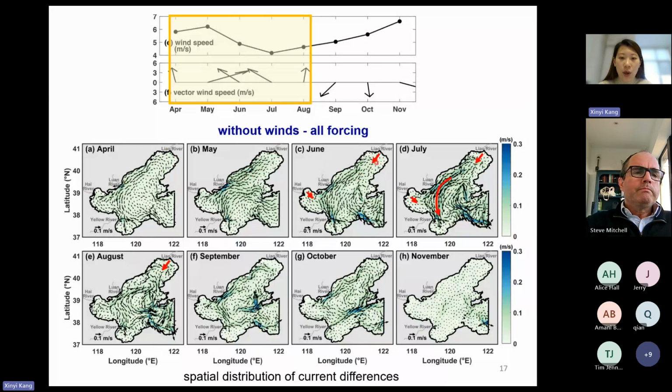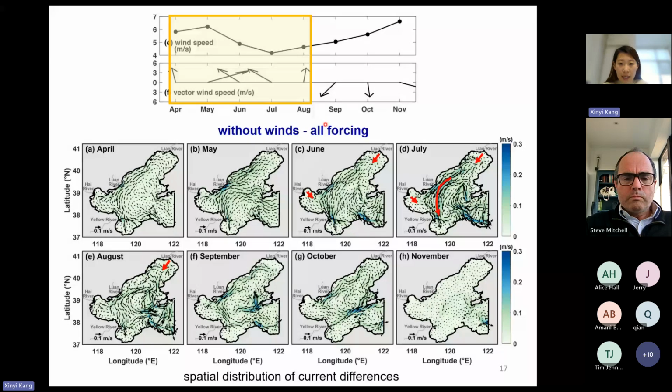So it means that without winds, particles from the Liao River and Hai River move to the outer regions of the bay. So from April to August, without winds, the particle influencing areas for the Liao River and Hai River increased.